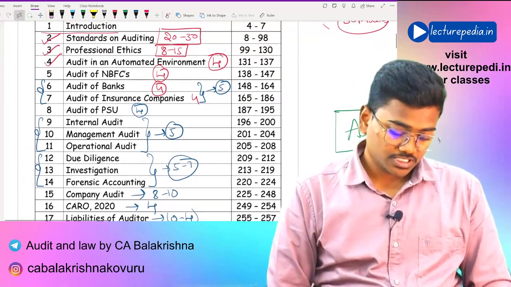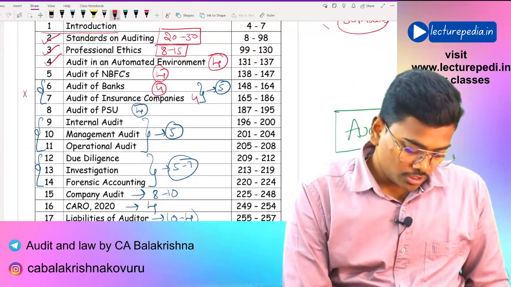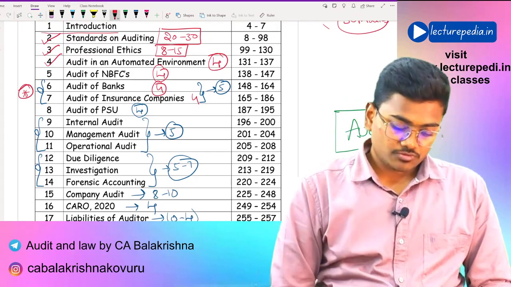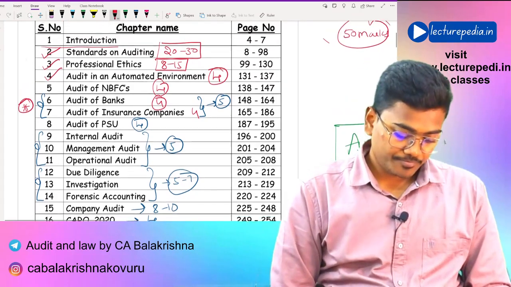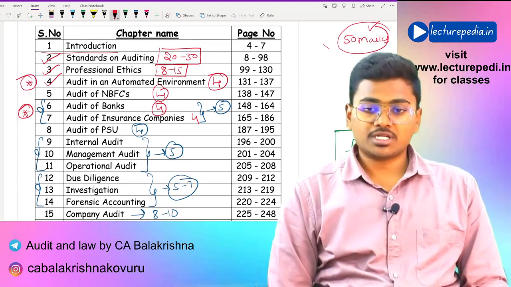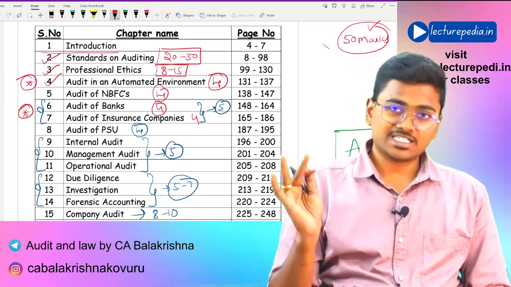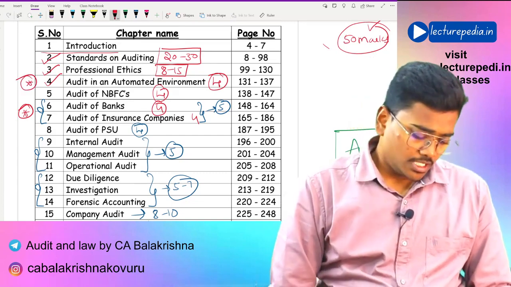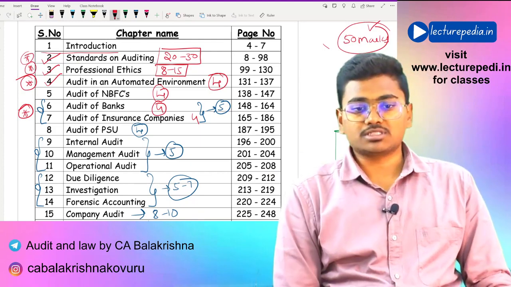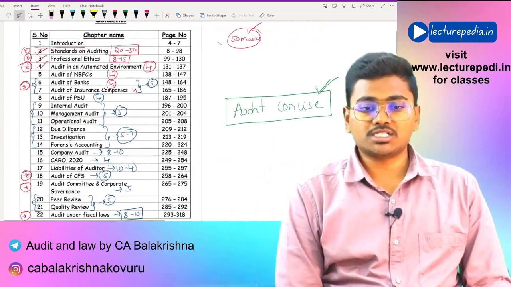And from these 2, audit of banks and audit of insurance companies, at least 1 question will always be asked. And audit in an automated environment, even this chapter ICAI will never miss, it will ask at least 1 question from that chapter. And professional ethics, however it will ask, auditing standards, however it will ask. So these are damn sure chapters.